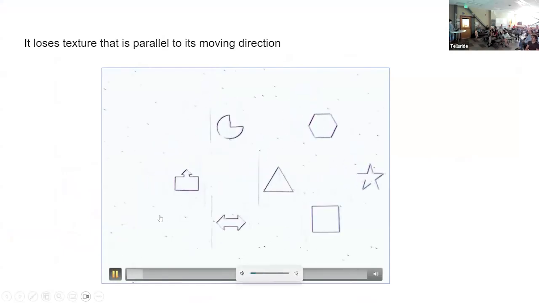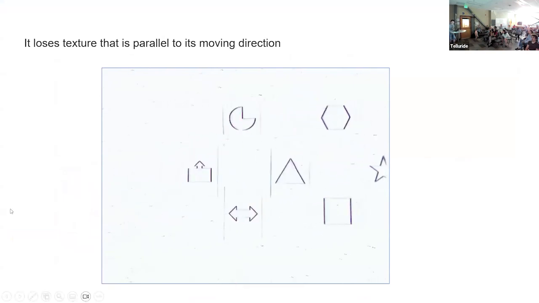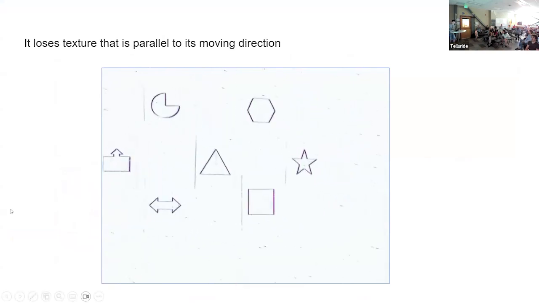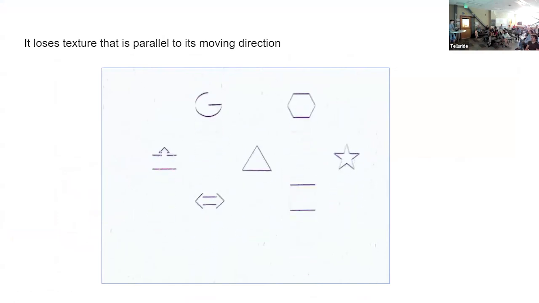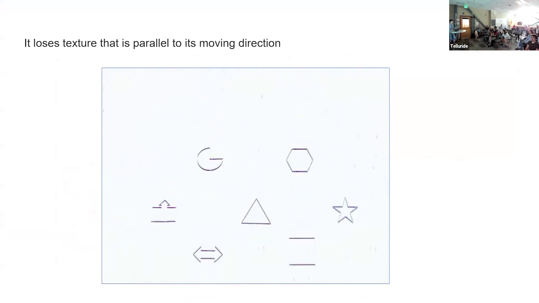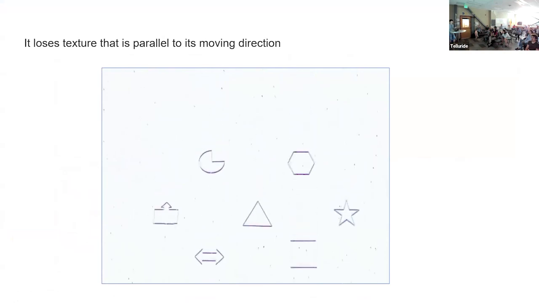But there's a disadvantage of event cameras. It loses texture that is parallel to its moving direction. When the camera is moving vertically, it loses the vertical edges. It always loses the edges that are parallel to its moving direction, which causes unstable texture.